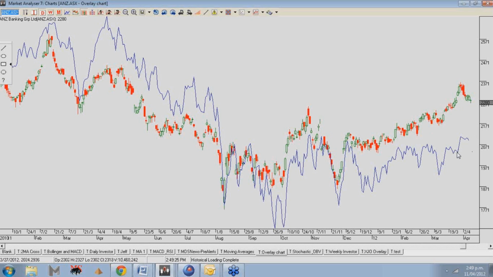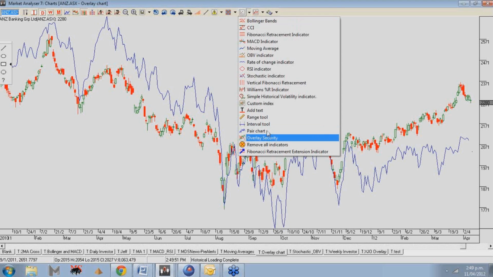ANZ's been doing slightly better than the market through there. So these are things that we can see the relative performance of one versus another using either the overlay or the pairs chart. So those are some of the information that we can pick up from there.